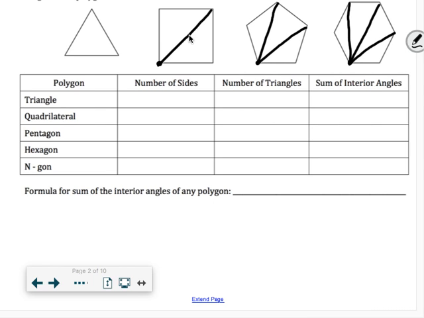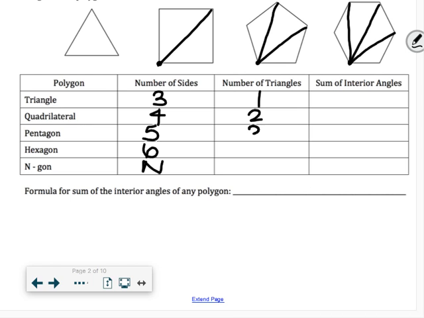A triangle has 3 sides, quadrilateral has 4, pentagon has 5, hexagon 6, n-gon, that means any number of sides. So how many triangles were inside the triangle? One. And the quadrilateral had 2.